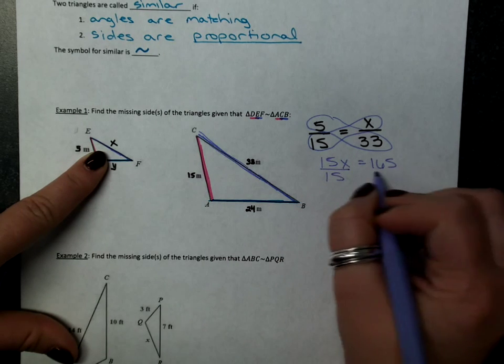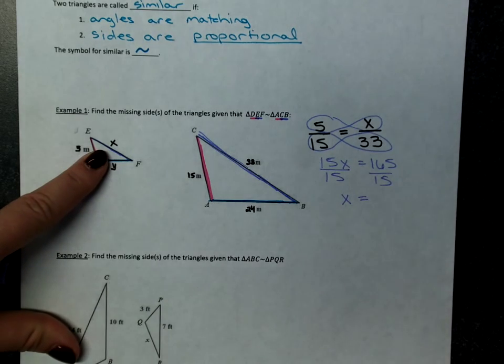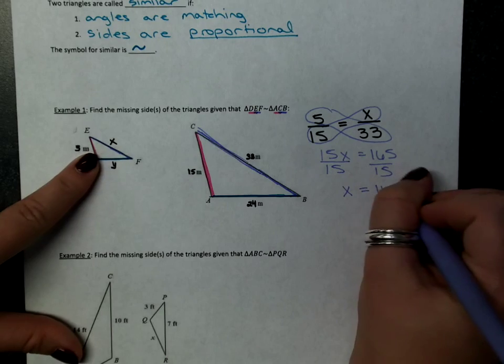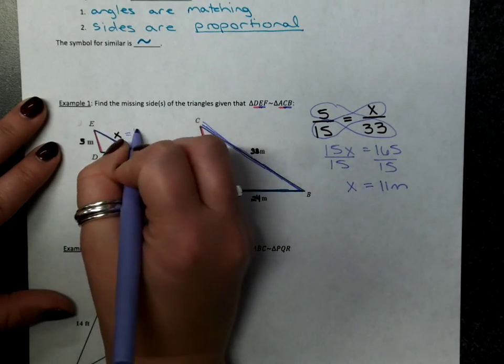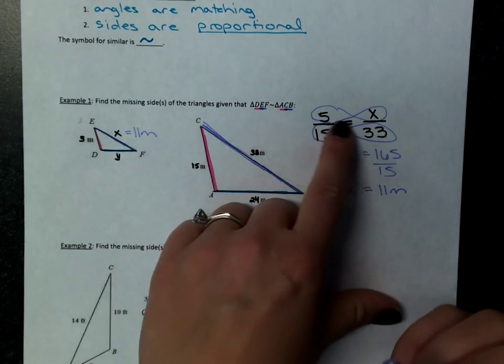Then divide by 15, and that gives me the missing side X, which is 11, measured in meters.